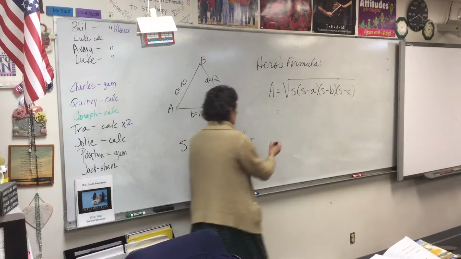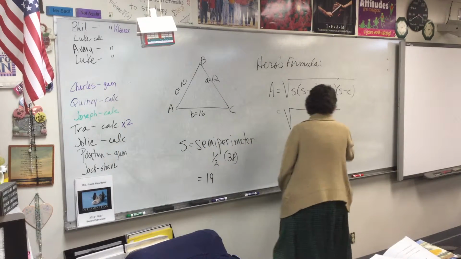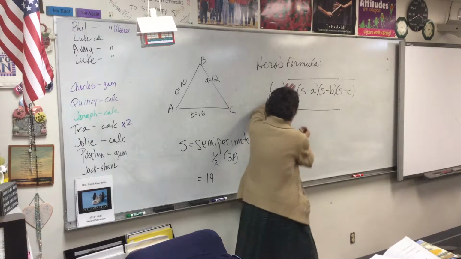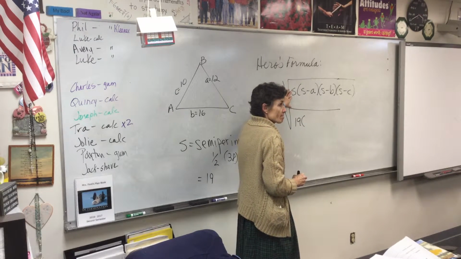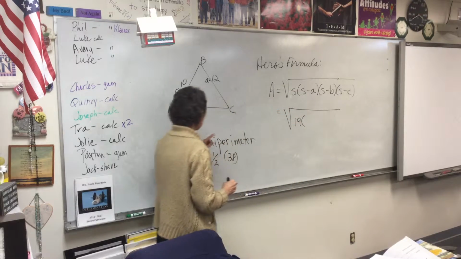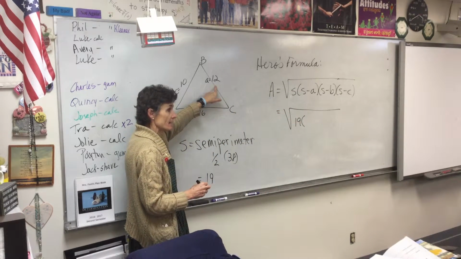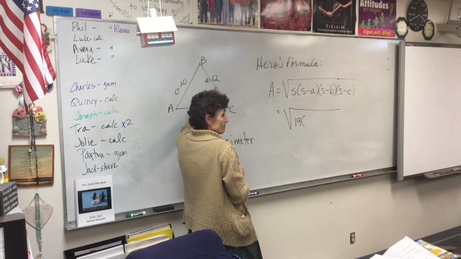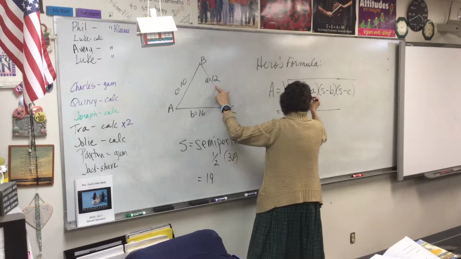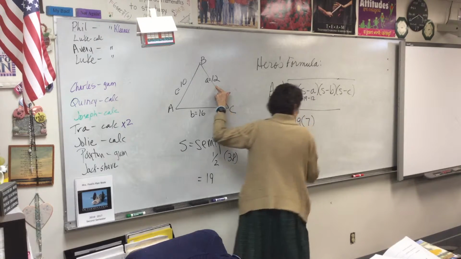So here we go. My area is going to be the square root of 19. All right. Now, 19 minus a. What's that going to be? 19 minus 12, which will be 7.